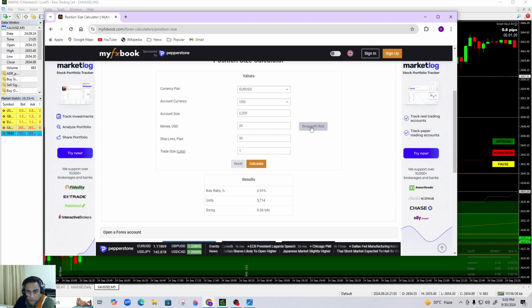So you can swap this with risk. Then that means I'm risking about 0.9% of my account. If I swap with money, that's about $20. If I risk about $18, that means I'm risking about 0.8% of my account, which I'm comfortable losing. But we're going to manage risk. If the trade goes against me, then we're going to manage risk and try to lose less than 0.8, or basically less than 1%, right? We're going to try to lose less than 1%.